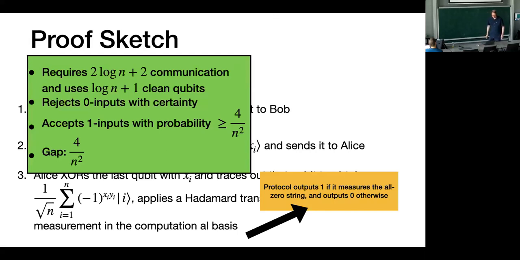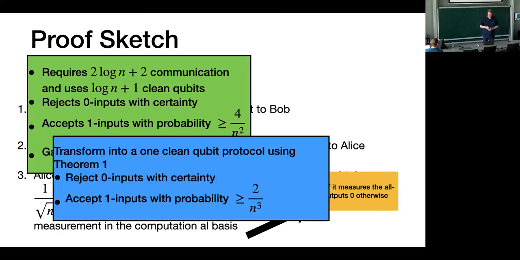Okay, so you have a gap. 0 inputs are rejected with certainty, 1 inputs accepted with some small but sizable probability. So this is a gap of 4 over n squared. However, we're still using log n qubits, which has nothing to do with the 1 clean qubit model. However, we can use our old trick and take a hit in the bias by 2 to the log n plus 1.